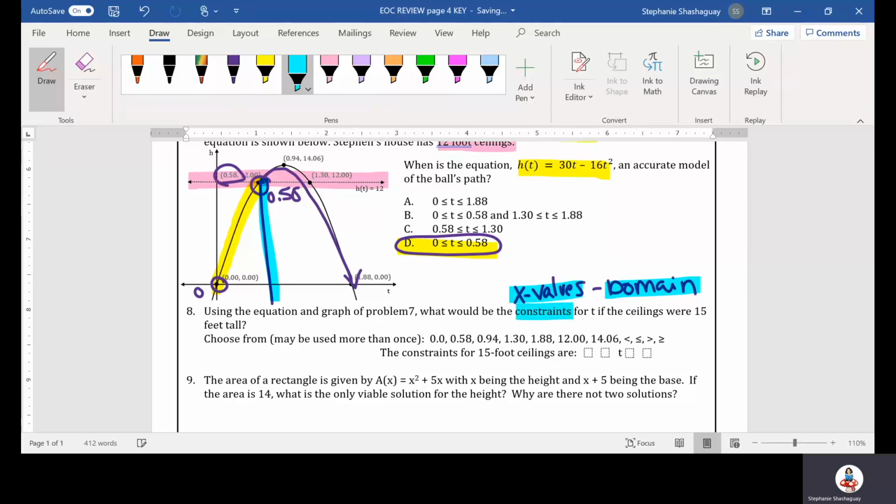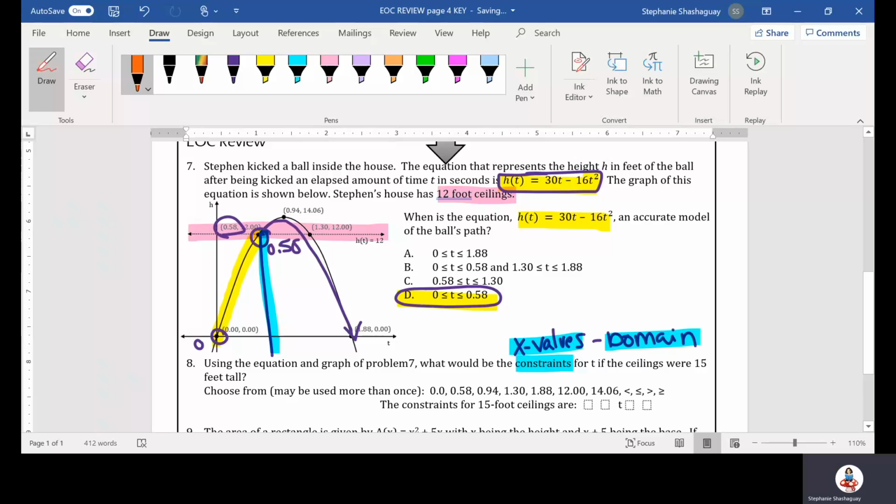What would your constraints be for t if the ceilings were 15 feet high? Well, if you had 15 feet high ceilings, they would be going above the path of the ball. And I know this because the maximum height that the ball reached was 14.06.